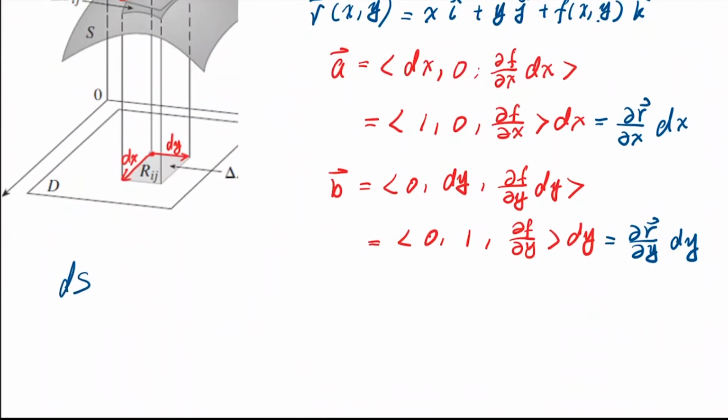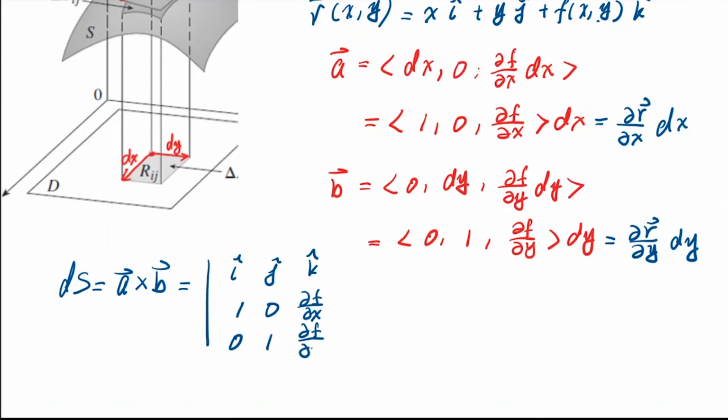So ds is equal to your A cross B, right? And that is equal to the determinant with i, j, k here, and then your A vector, 1, 0, partial f partial x, and then 0, 1, partial f partial y, times dx dy.